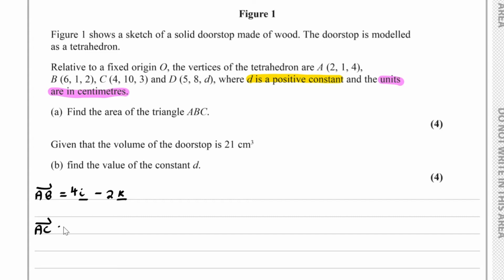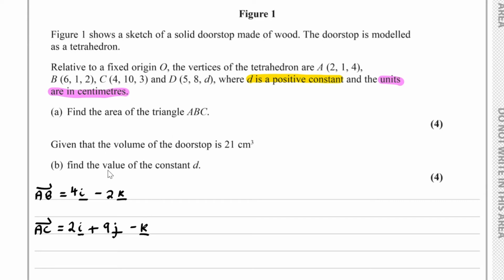AC is equal to 4 take away 2, which is 2, so we have 2i. 10 take away 1, which is 9, so we have 9j. And then 3 take away 4, that's minus 1, so we have minus k.